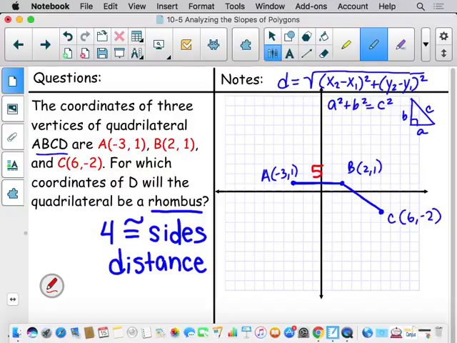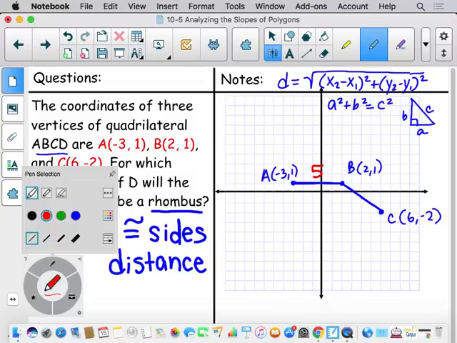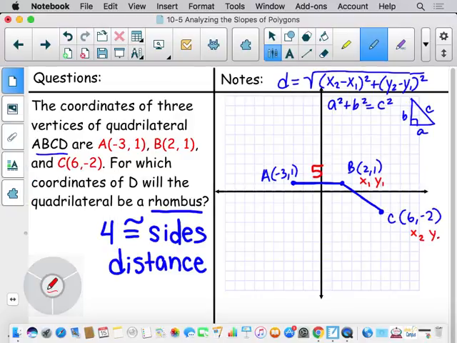So if I use the distance formula for this, I'm going to label these coordinates x1, y1, and x2, y2. And I'm going to plug it in the distance formula.